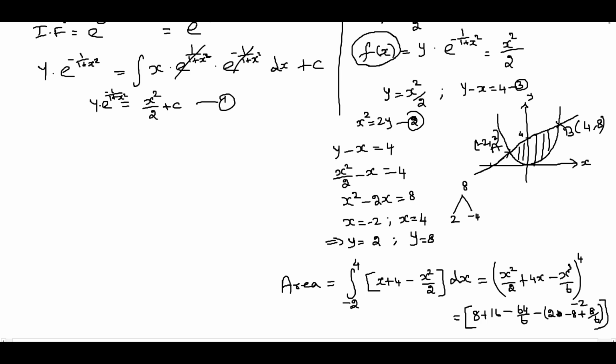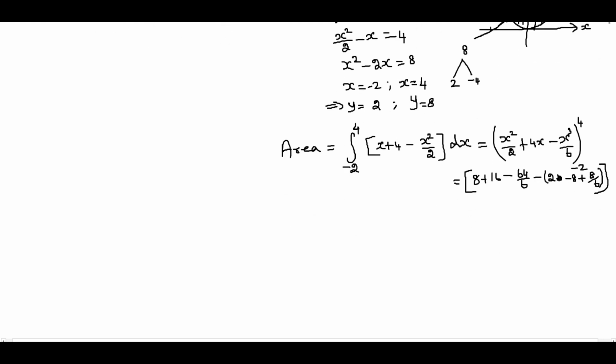So 8 plus 16 is 24, minus 32 by 3, plus 6, minus 4 by 3.